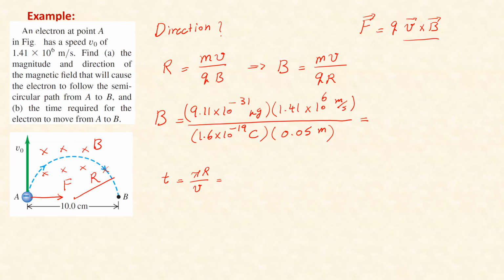Time is distance divided by v. So it becomes 3.1416 times 0.05 divided by 1.41 times 10 to the plus 6 meters per second. So this is meters divided by meters per second, which becomes seconds. Okay, you can calculate that as well.